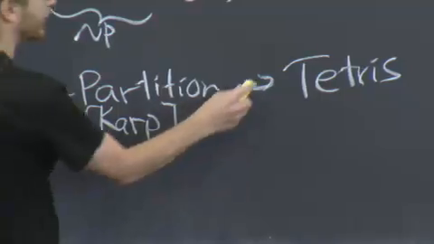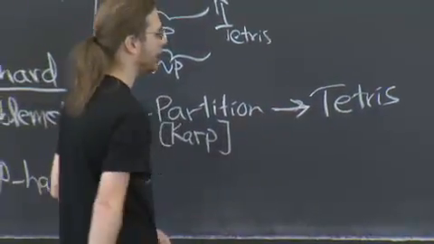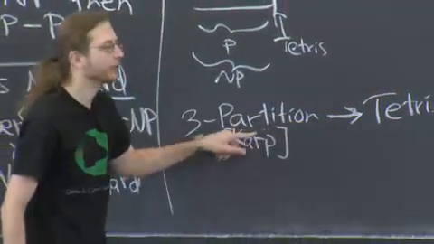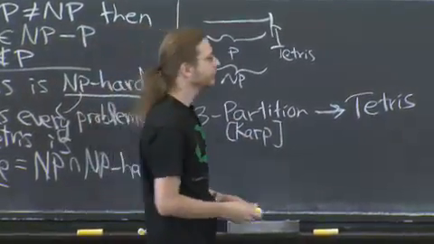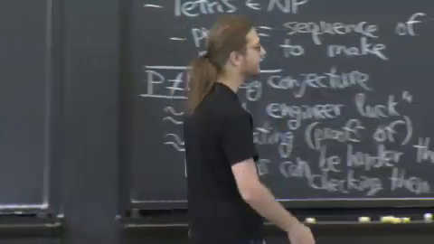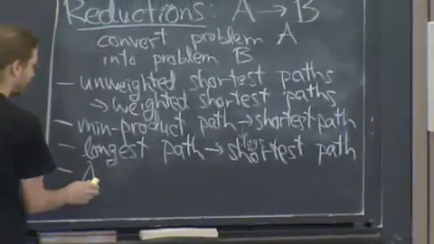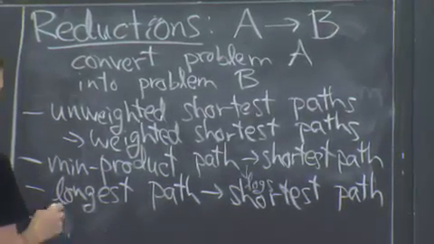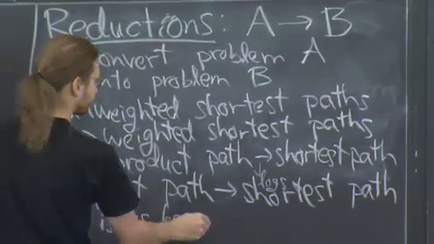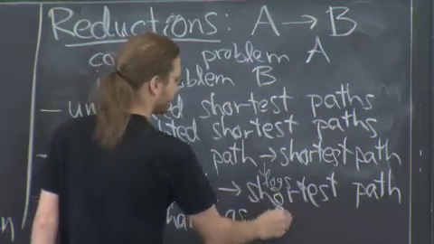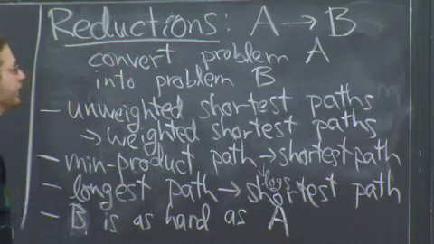All I need to focus on is showing that Tetris is harder than 3-partition. This is what I mean by harder. When I can reduce A to B, we say that B is at least as hard as A. Why is that?